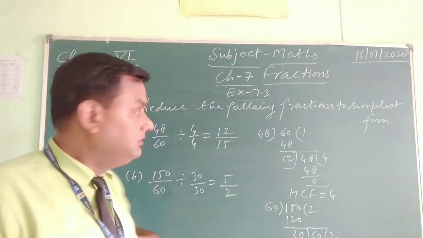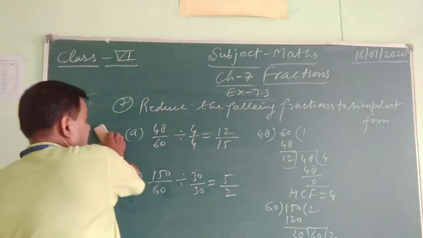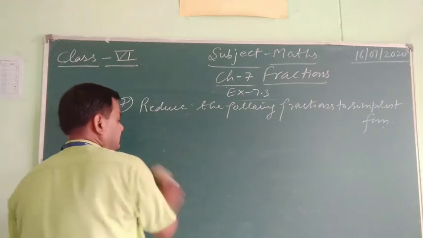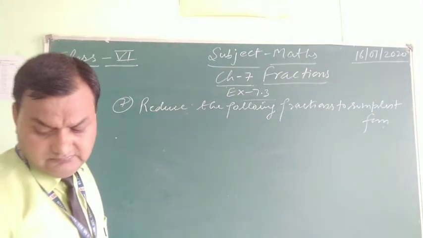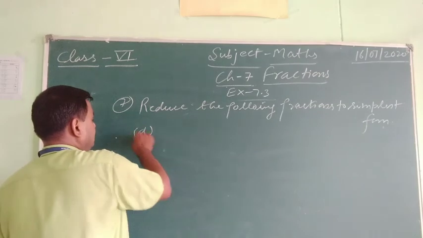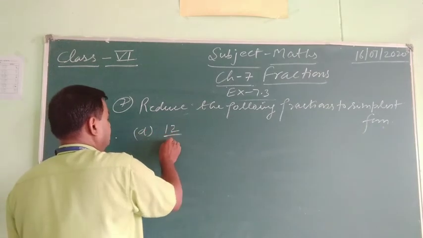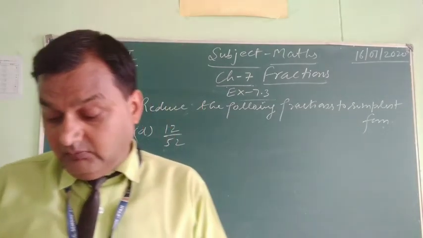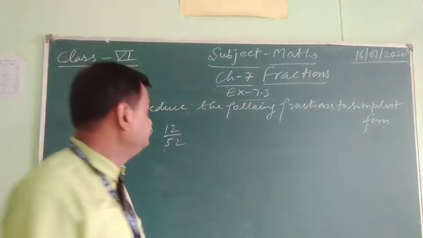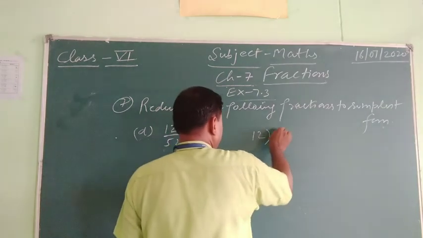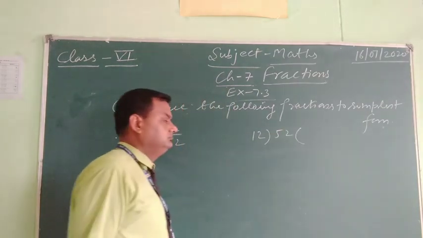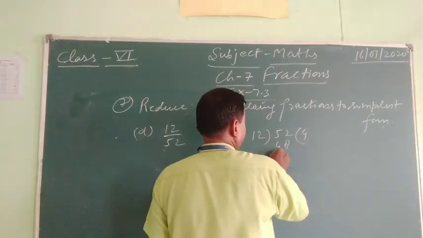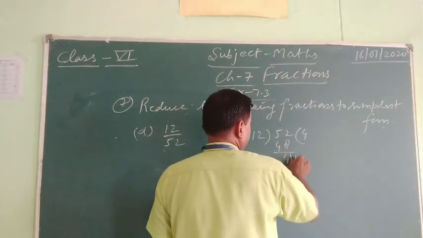Now we can take D part. D part, 12 upon 52. First of all, we will find the HCF. 52 divided by 12, 12 fours are 48. The remainder is 4.